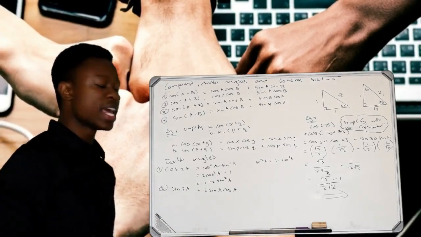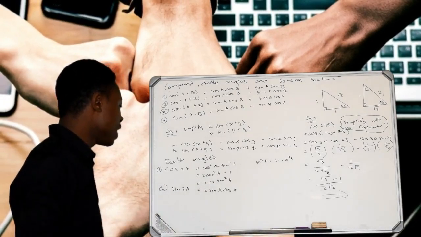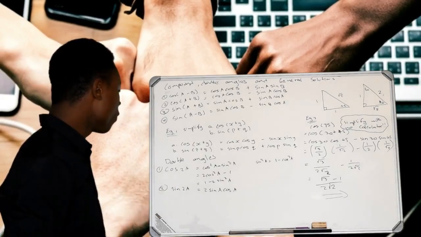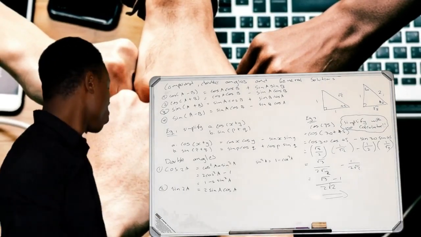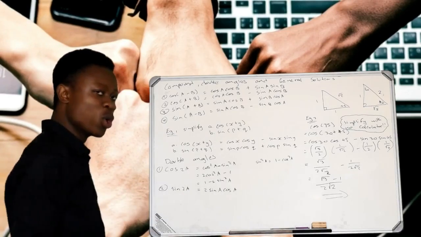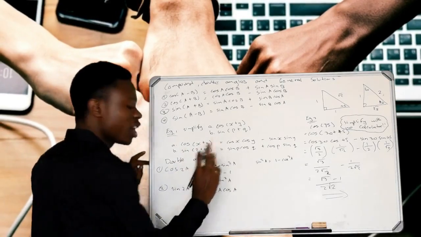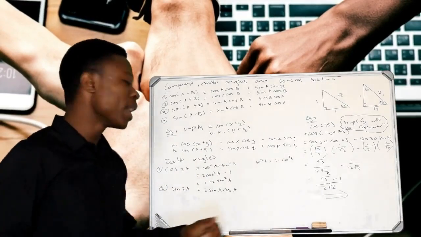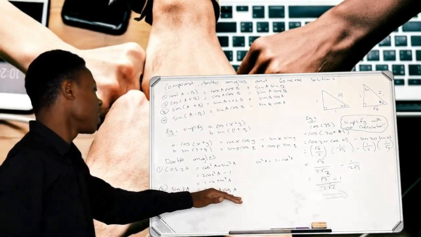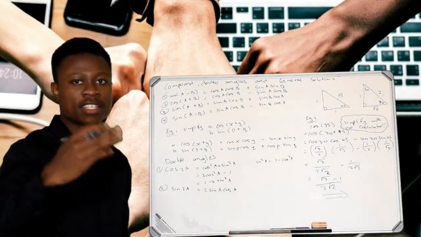It can also be written as sine A cos A is equal to half sine 2A. Why? Because I can just divide by 2 on both sides, and then it'll be just sine A cos A. This is not a variation, but they might put it in a way like this in a question so that you don't understand what they're talking about.